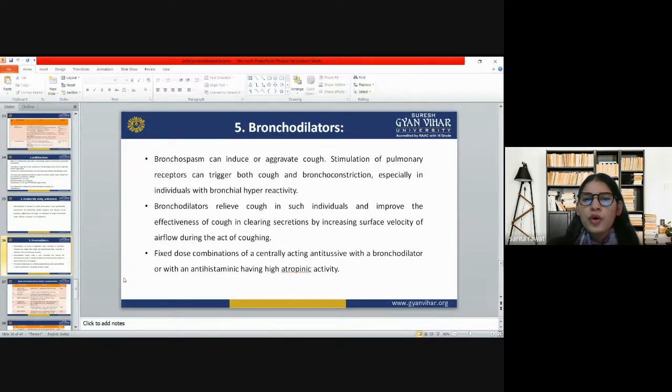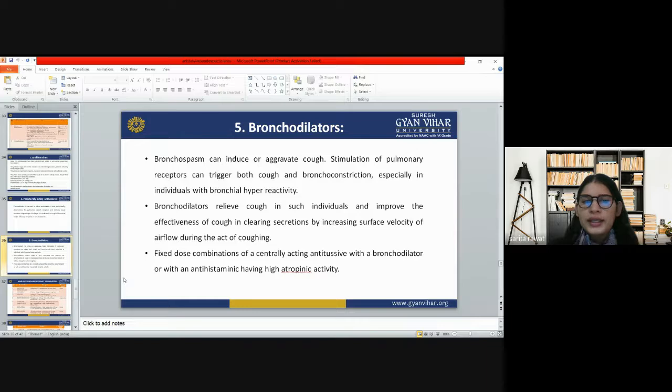Then we have bronchodilators. Bronchospasm can induce or aggravate cough, and stimulation of pulmonary receptors can trigger both cough and bronchoconstriction, especially in individuals with bronchial hyperreactivity.